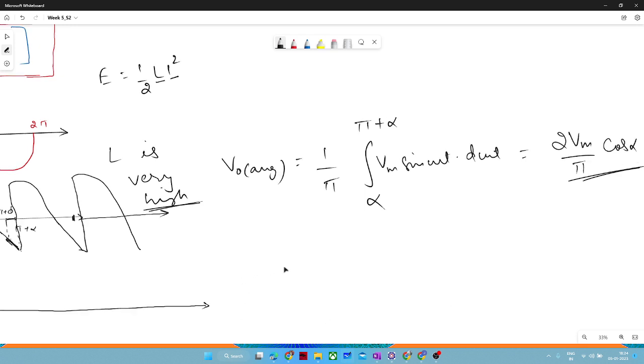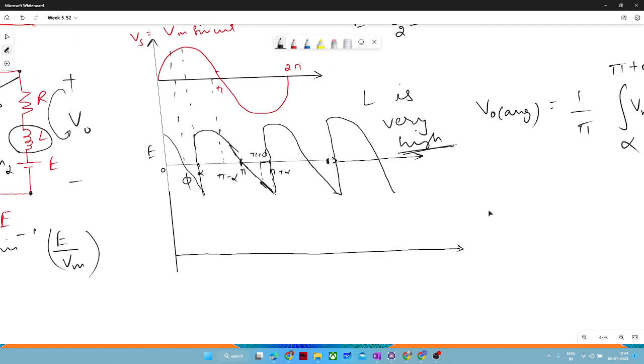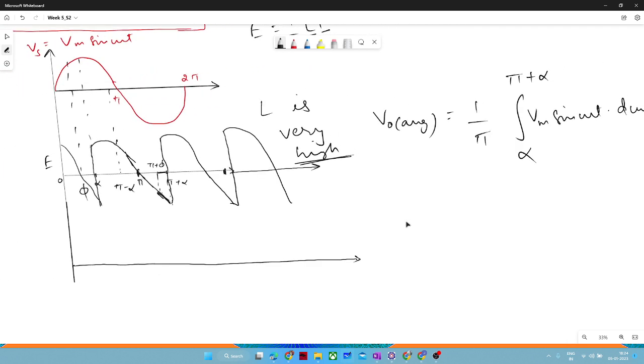One more thing I wanted to explain right here. From this waveform, you can see your alpha is just near pi by 2. If you increase this alpha, you will see a pattern like this, and let me draw this also.